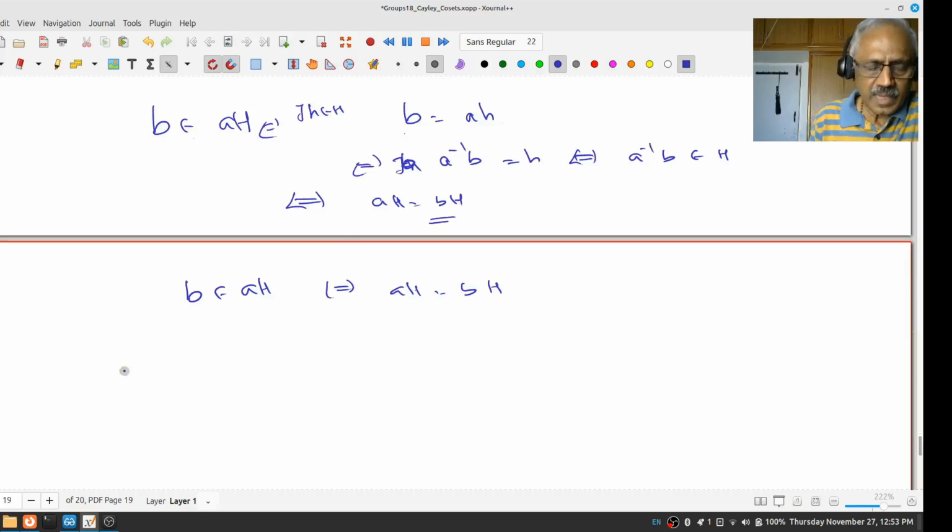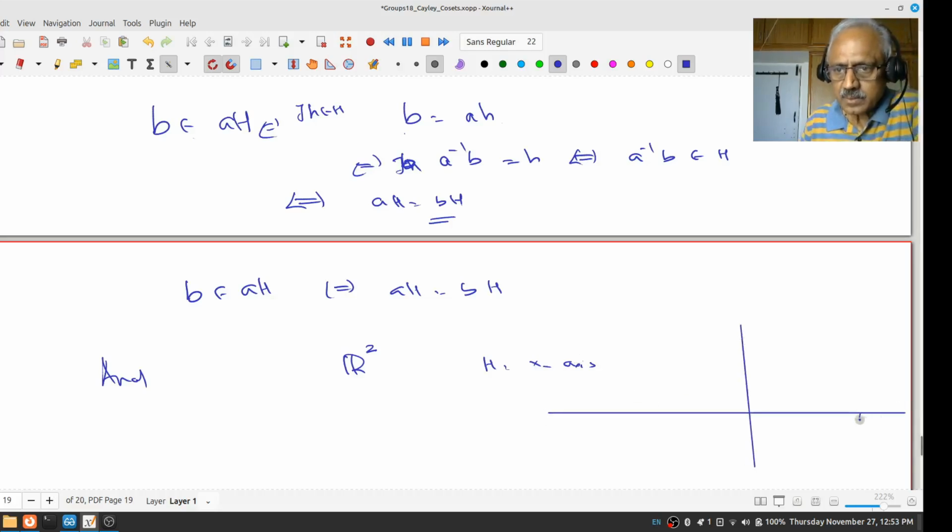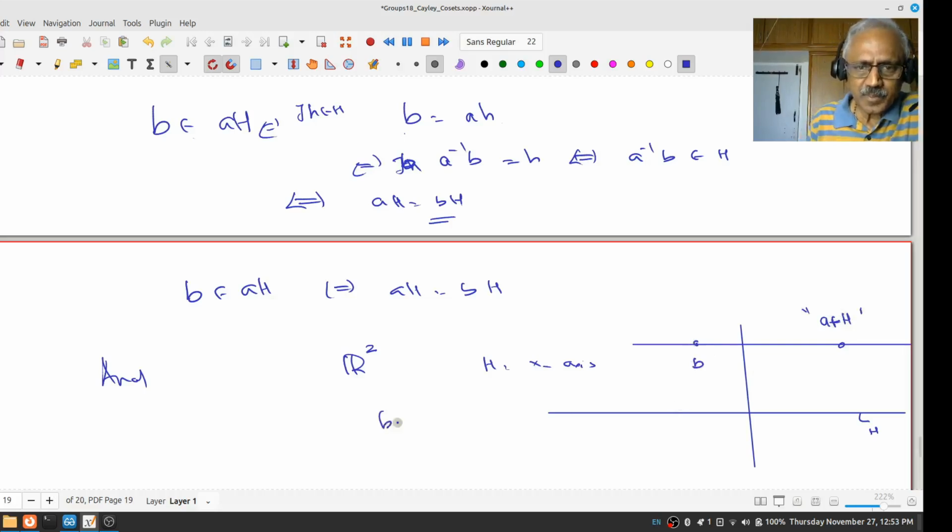I will stop with an analogy. Let's look at R2, and my H equal to the x-axis. This is my H, this is my AH. Suppose my B belongs to this, then what is B plus H?